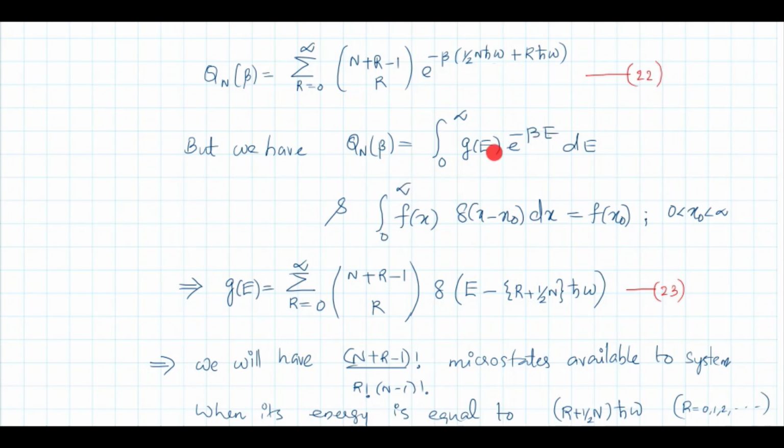So here we can apply this identity in order to identify what is g of E. This is your Qn of beta.